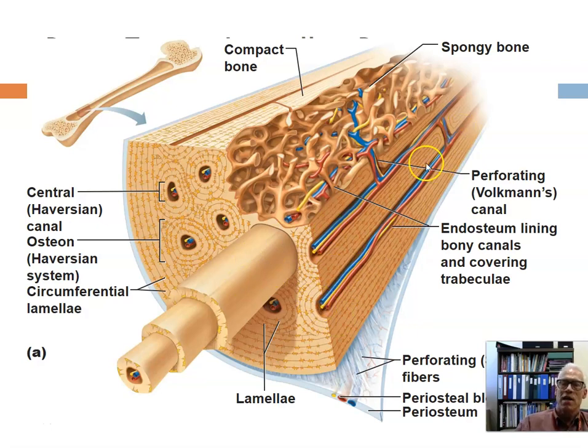In the center of each osteon is a hollow canal called the central canal through which blood vessels and nerves pass, and this is a highly vascular tissue, and hence probably it's highly regenerative, or for whatever reason it's a highly regenerative tissue. So we have osteocytes in the lacunae, but under the periosteum and actually also under the endosteum, a very fine connective tissue layer on the inside surface of the bone, lie osteoblasts.